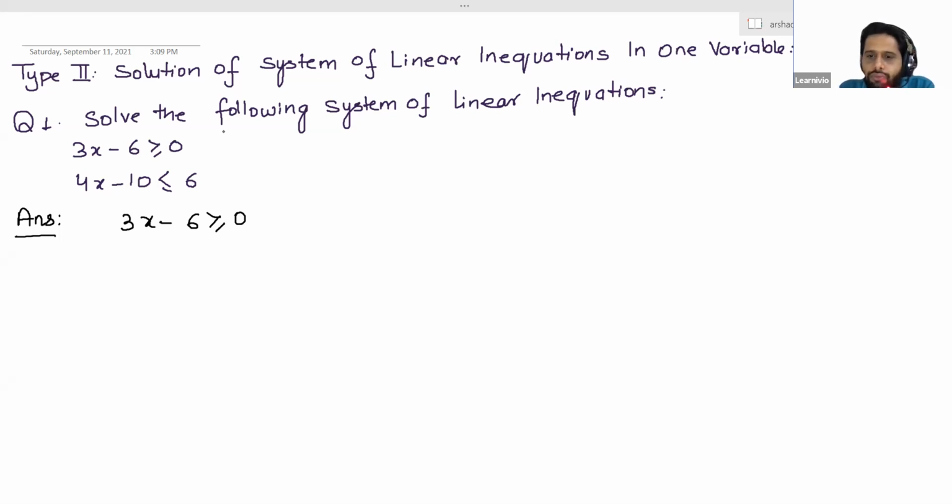x is greater than 2. Rishan, very good. This is correct. Please draw the number line, then start the next one.